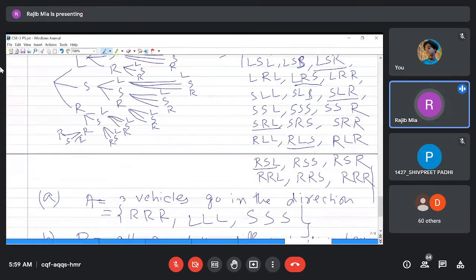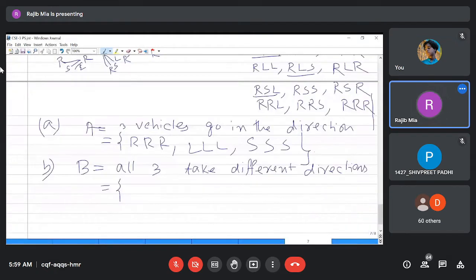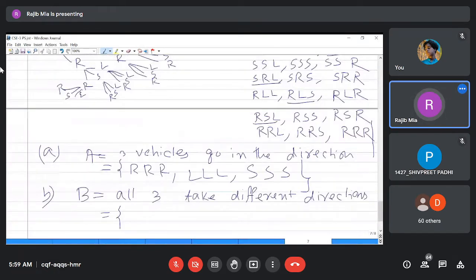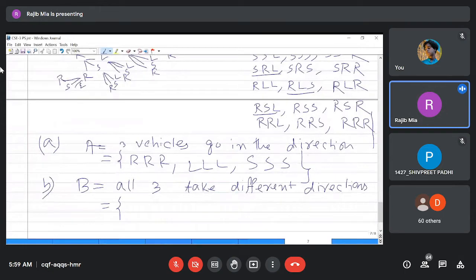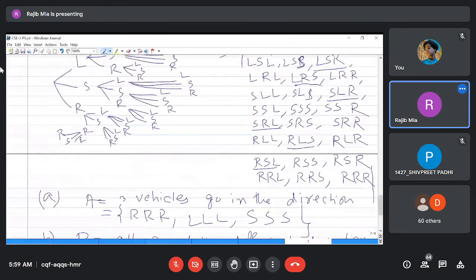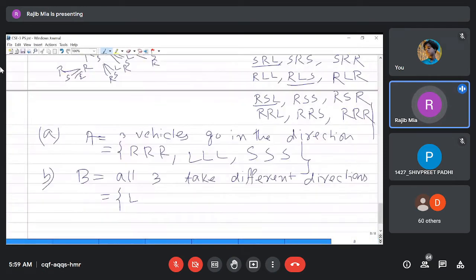Otherwise, you can write them by yourself by thinking this way. Suppose the first is L, so the remaining are right or straight, and R and S can interchange. So LSR, LRS too. Suppose the first is straight, then the remaining two are L or R, which can interchange.